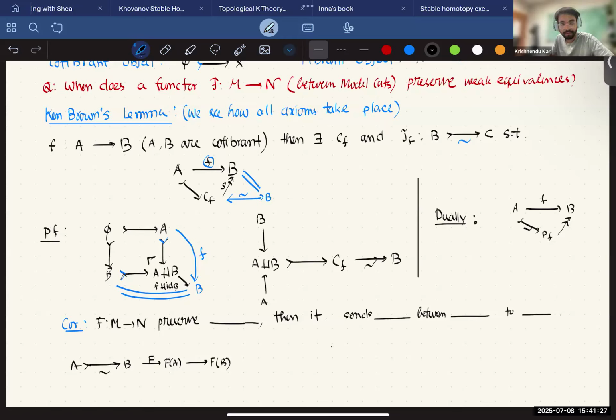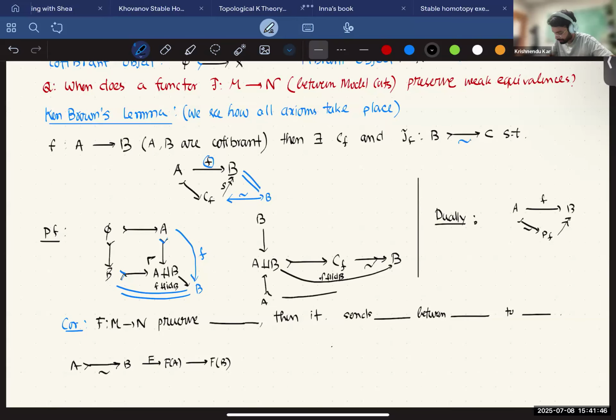I did not write this down, but let's see. Yeah, I have this. Write this down here. And your A, this is a cofibration map.